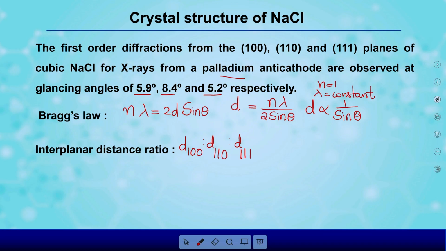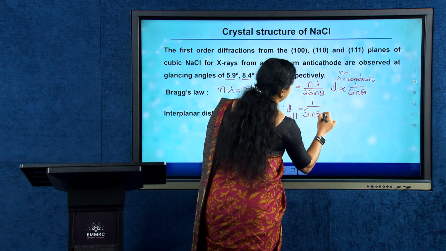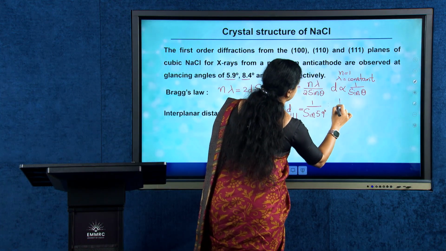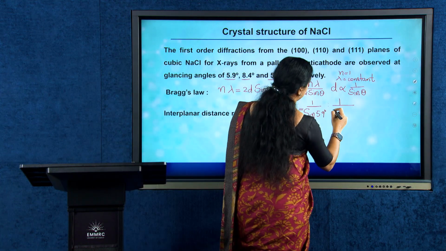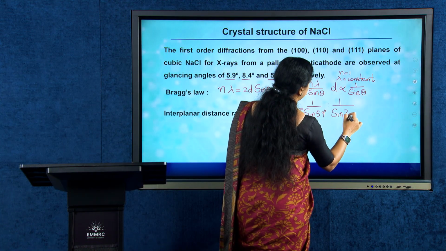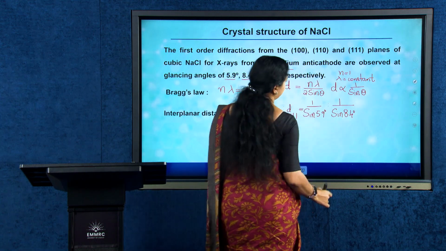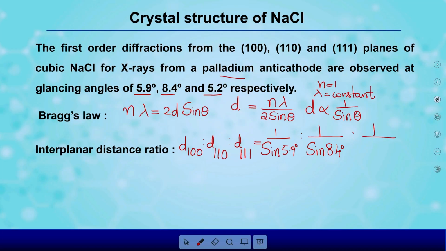This will be equal to 1 by sin 5.9 degrees for d100, is to 1 by sin 8.4 degrees for d110, is to 1 by sin 5.2 degrees for the 111 plane.